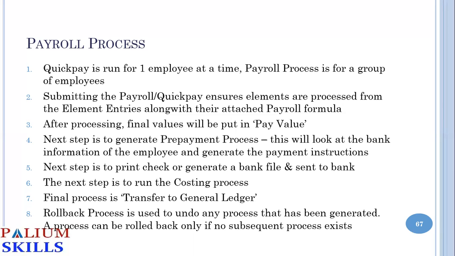So one by one, it will run 5 quick pays. Behind the scenes, the payroll process will process each individual employee one at a time, whether it picks up 5 employees or 5,000 or 50,000, and then it will process them together.